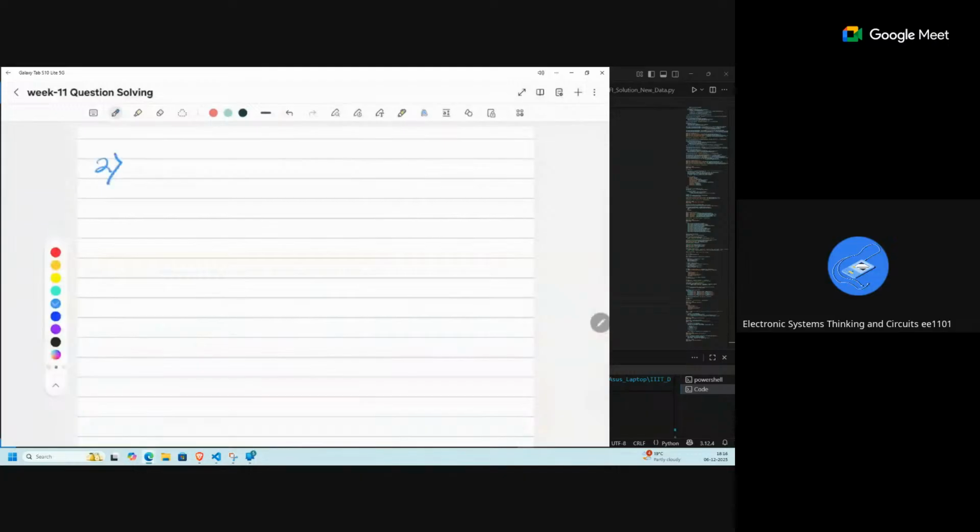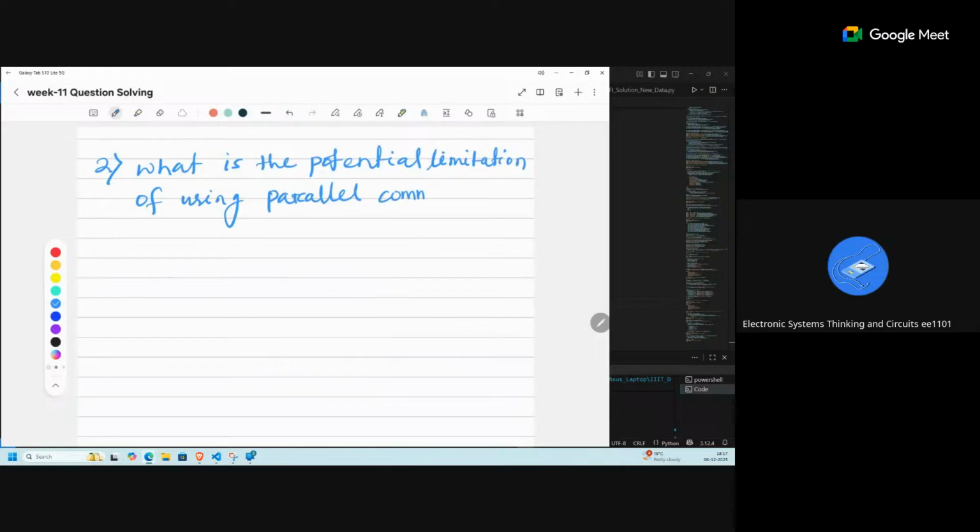Question two: what is the potential limitation of using parallel communication with many users?